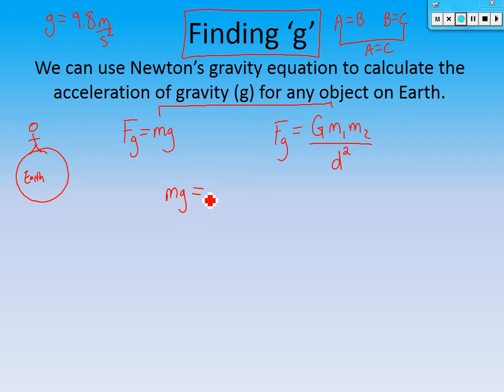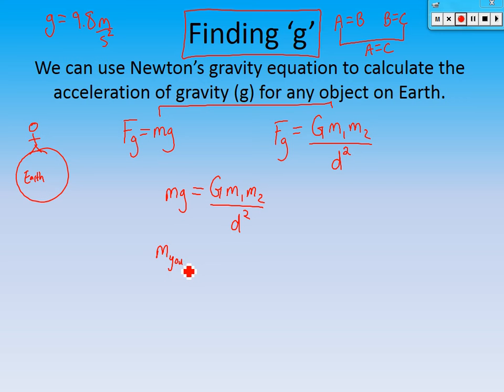mg is equal to big G times m1 times m2 divided by the distance between them squared. So if we're going to find out what the acceleration due to gravity is on Earth, we're taking the acceleration due to gravity between you and the Earth. So let's call one of the objects u and the other object Earth. Let's see if this makes sense.